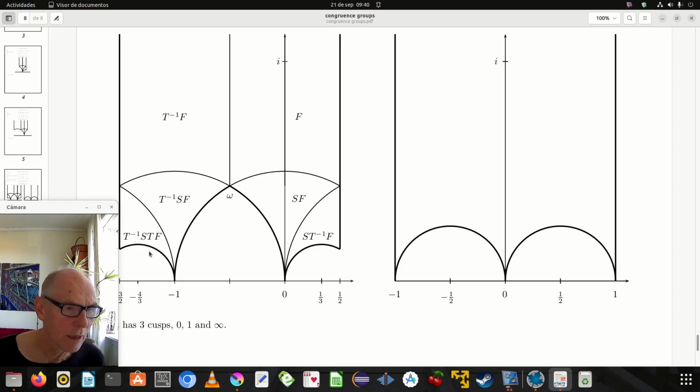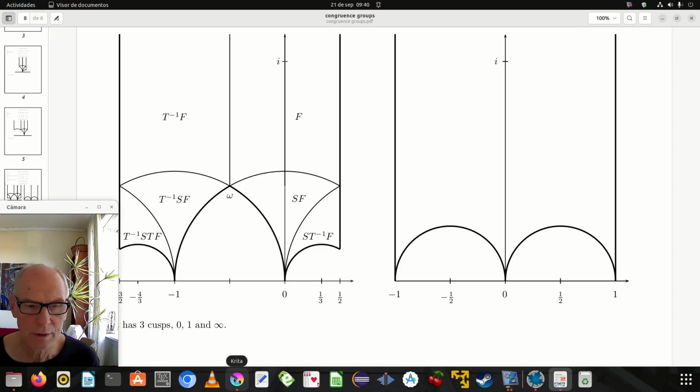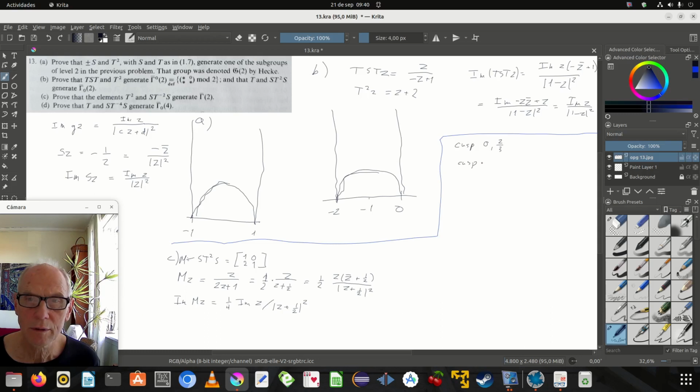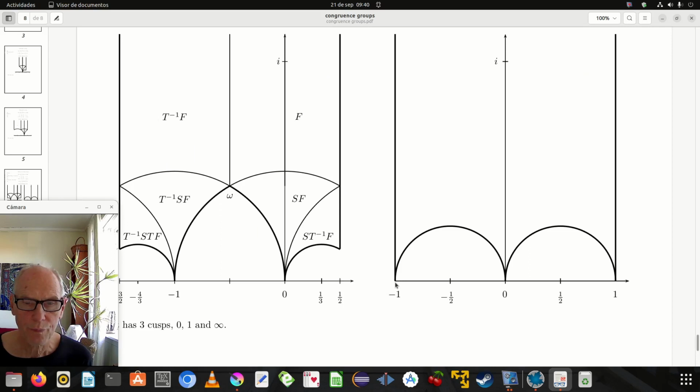And this one has -1 and -5/3. And we want to map them to just 0 and ±1.